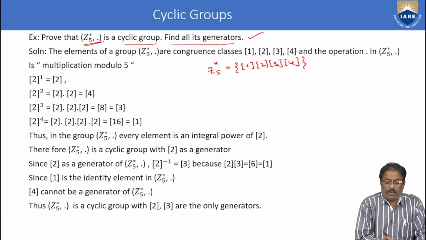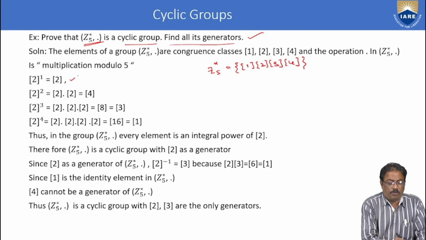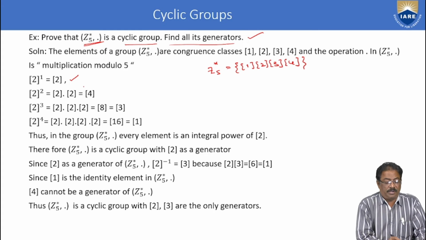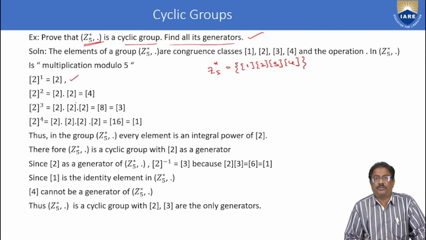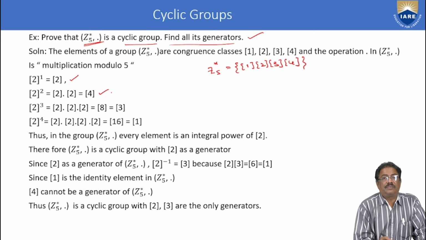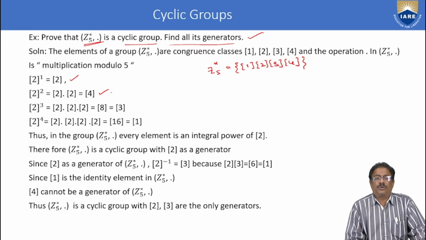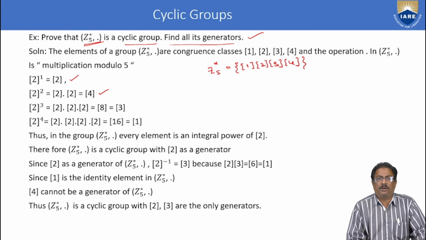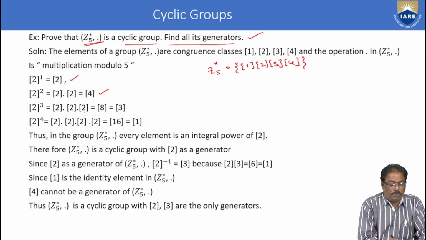For that we take one generator, let us say 2 power 1, it is 2, and 2 power 2. The earlier problem was additive modulo, so here we multiply: 2 into 2 is 4. If it exceeds 5, we divide by 5 and consider the remainder. Otherwise, we consider the same number. So 2 power 3 is 8; divide by 5, the remainder is 3.